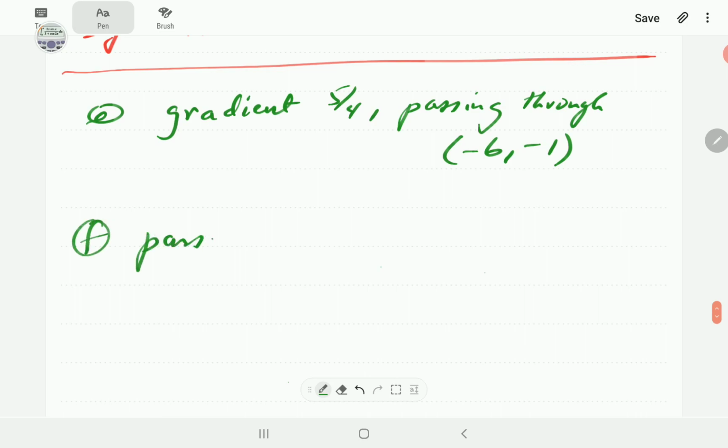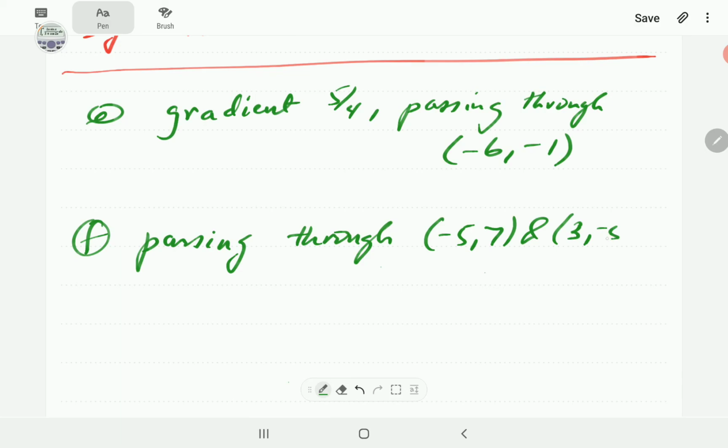F, you're going to find a line passing through the 2 points -5, 7, and 3, -5. So if you just want to pause the video, have a go at these 2, and then when you press play, then you will find our solutions that you can compare then with your work.